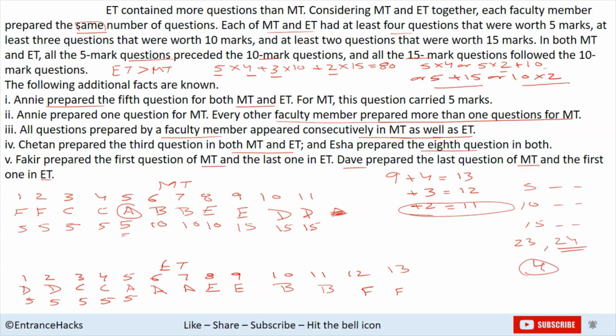Okay, for the case of 13 we have this combo 9 plus 4, and 4 questions are of 5 marks each. The 5 questions have already appeared. The rest of the 4 would be these. Then we have 4 plus 4, 8. 4 were mandatory and 4 extra.